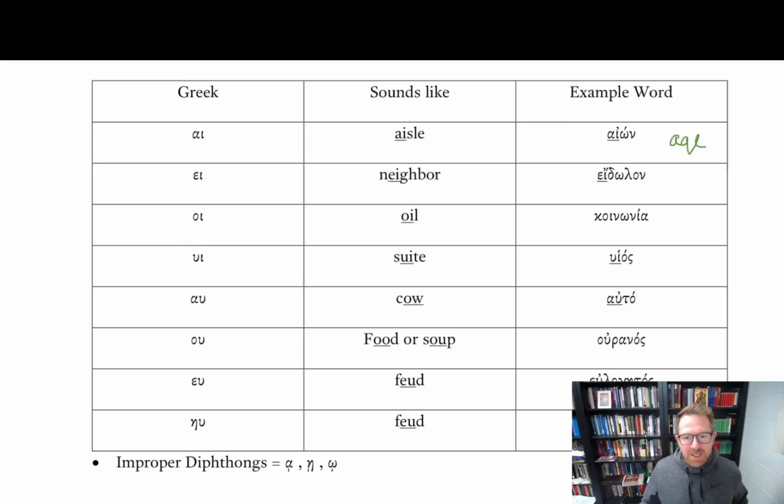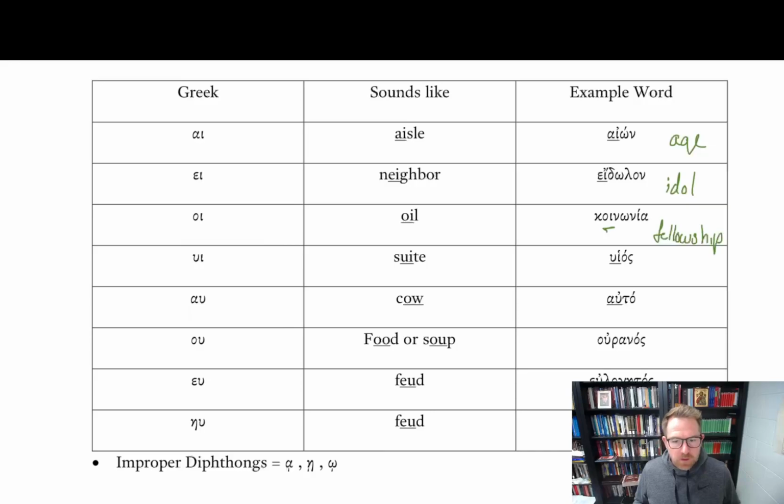Epsilon iota, like the A in neighbor, or eidolon, which means idol. Omicron iota, oi, like in oil, or koinonia, the word for fellowship or community.